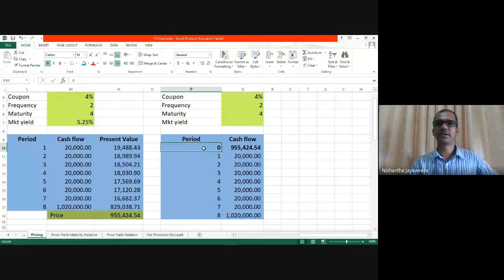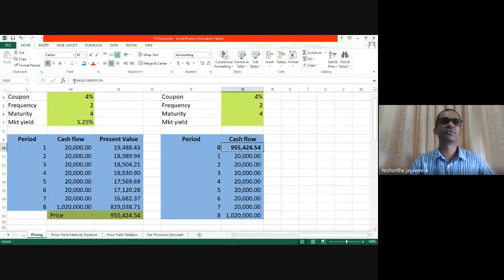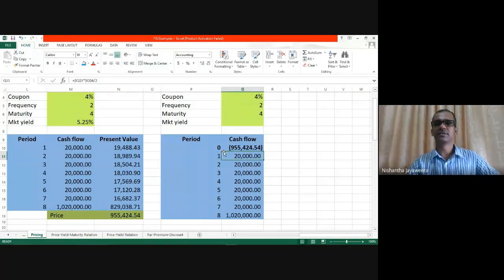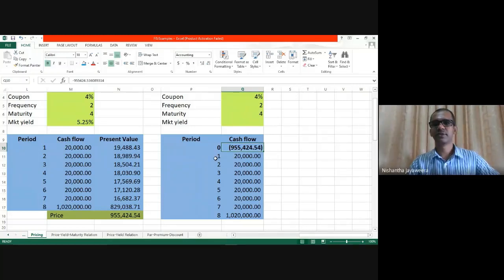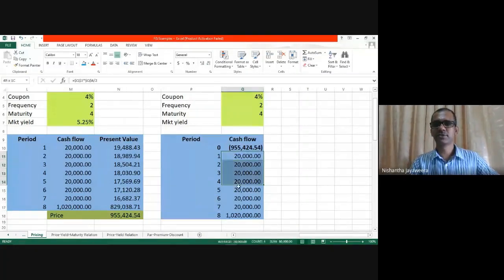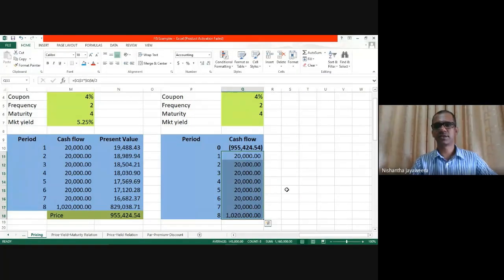In this, we need time 0, that means today we are paying, so we have to put it as negative. This is a cash outflow. But from period 1 onwards, we have positive cash flows.